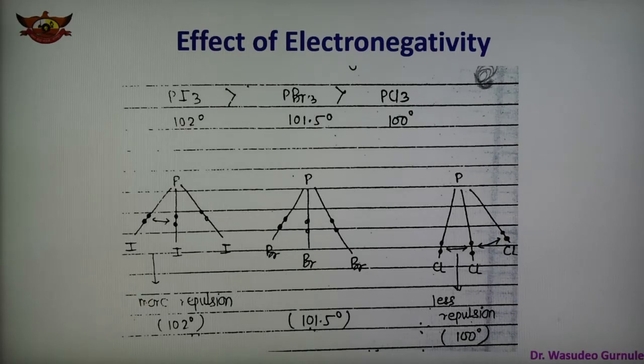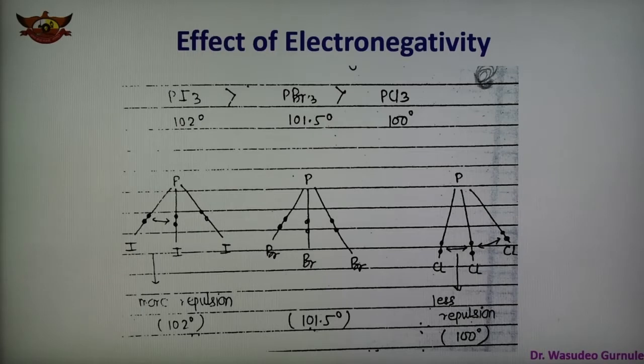Compared to iodine, bromine can attract the bonded electron pair more effectively, and therefore the bond pair electronic repulsion in PBr3 is less than in PI3. Due to less repulsion, the bond angle contracts in PBr3, showing a smaller bond angle.